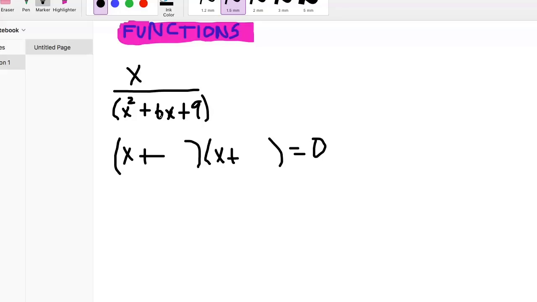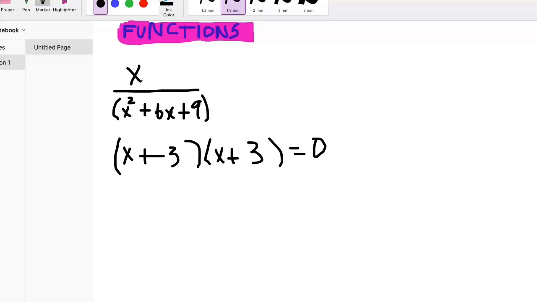If this is confusing to you, go watch the video on quadratic equations where you get a bunch of practice on this. With this one, my only options would really be 9 and 1, because 9 times 1 is 9, but when I add those two together, I get 10, so that doesn't work. But 3 times 3 is 9, and those add up to 6, so that works out pretty well. So you have x plus 3 times x plus 3 equals 0.